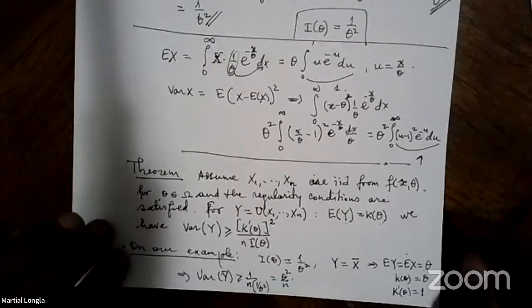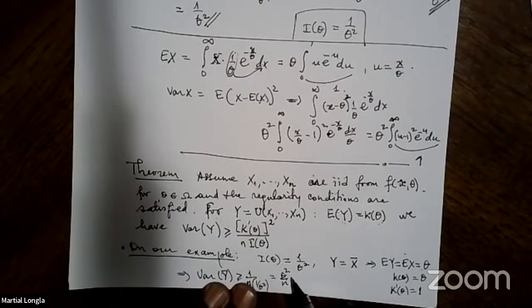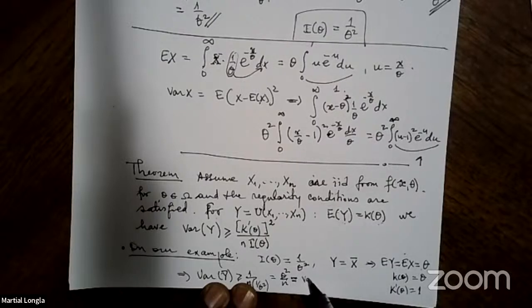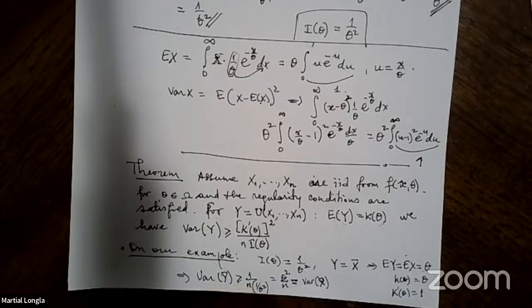what I'm leading to is that the thing we got here is actually exactly equal to the variance of Y in this case. In other words, this is the smallest possible that you can have, that x bar is giving you the smallest possible variance, because we found a function that hits that smallest value down there.